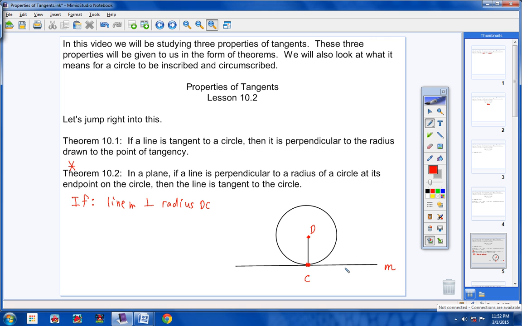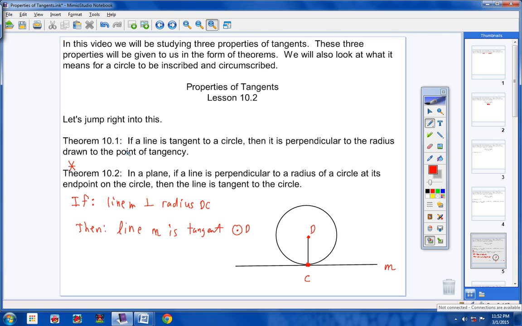So if line M is perpendicular to radius DC, then I can state line M is tangent to circle D. So they're converses, students.